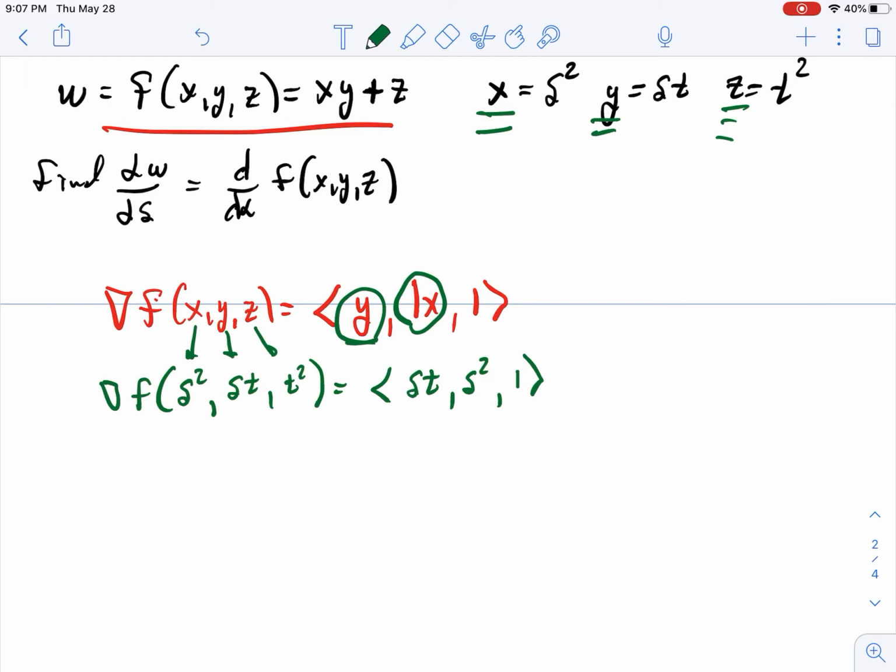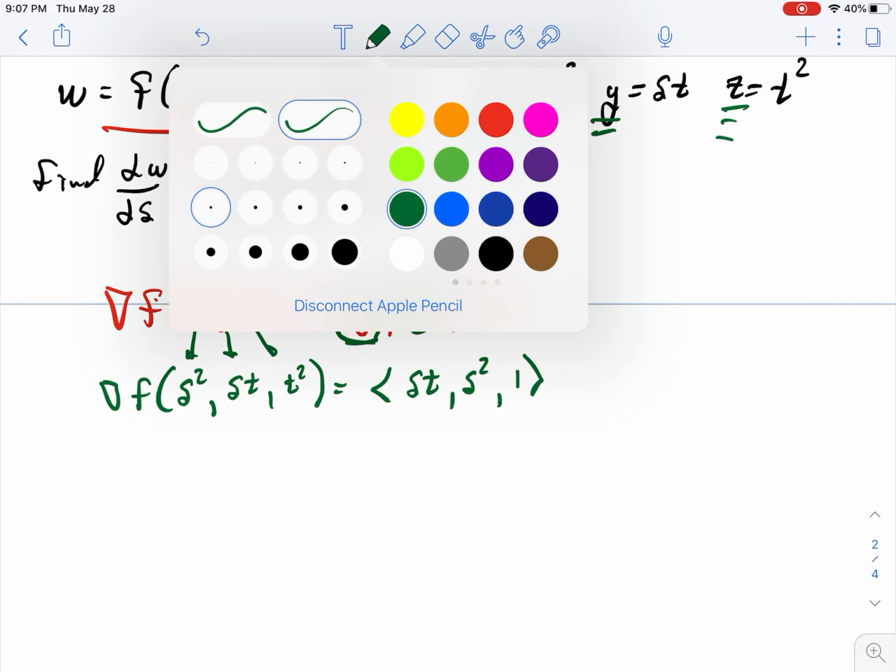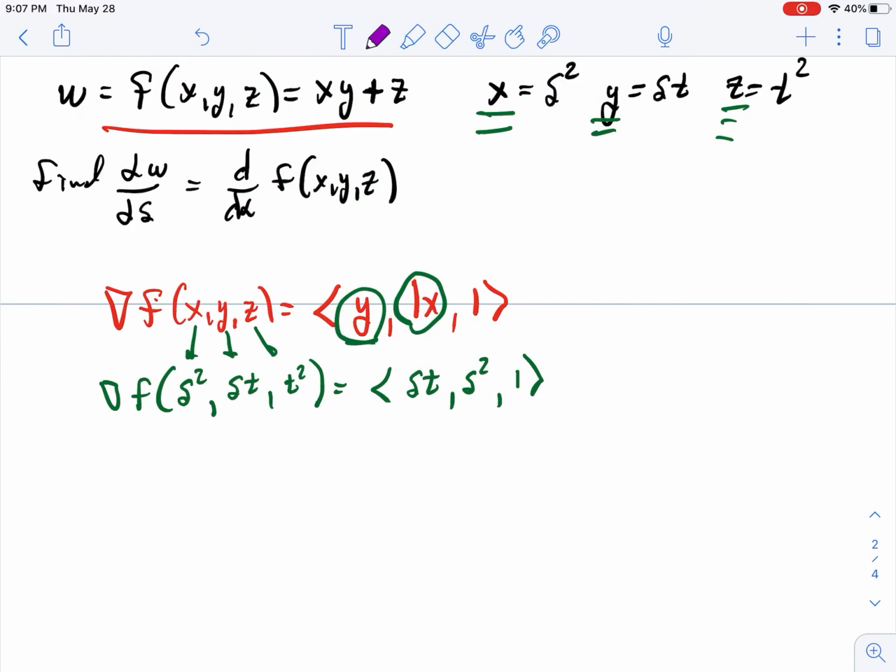All right, so we got our gradient, ready to multiply it by our c prime, basically. So let's come back and do the derivative. What are we doing the derivative of? We are doing the derivative with respect to s. So dx ds, what's the derivative of s squared? That's 2s.